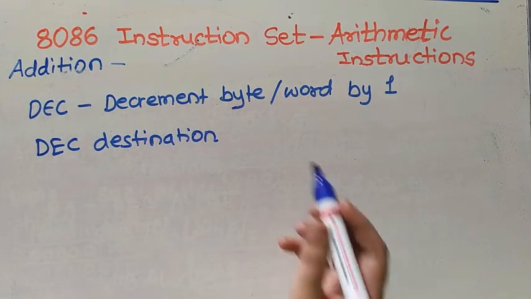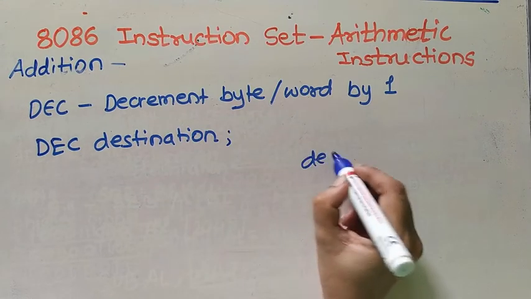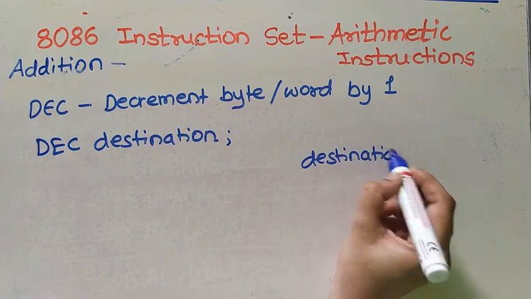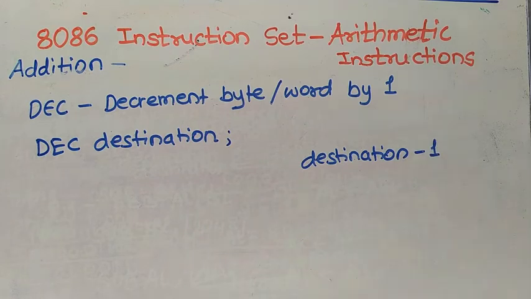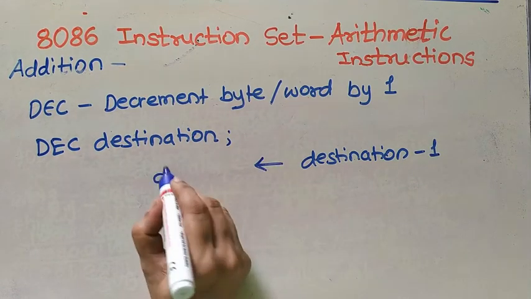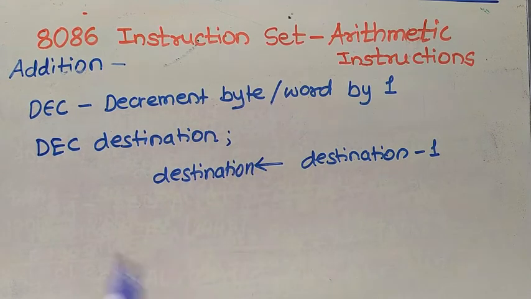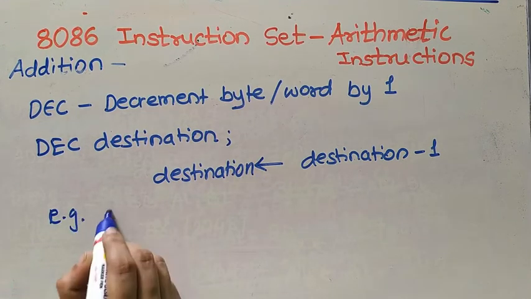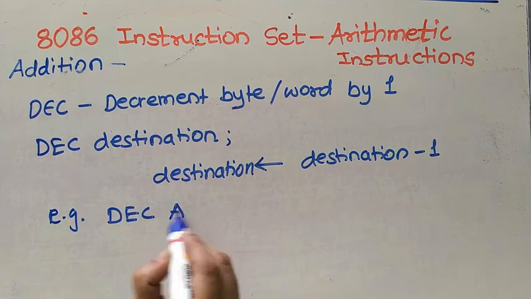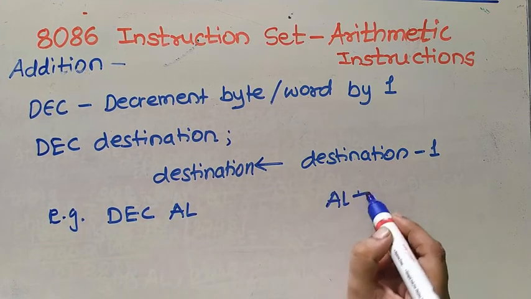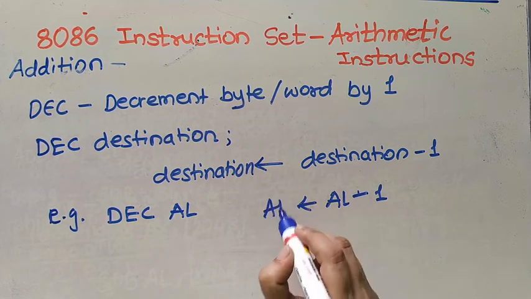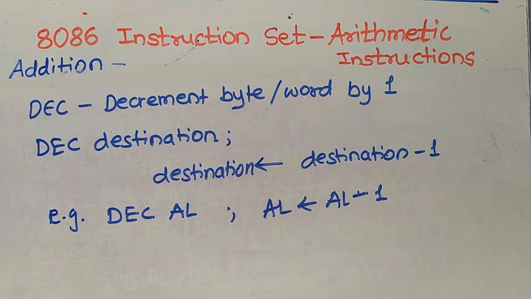Here the destination contents are decremented by 1 and the result is stored back into the destination. Example, DEC AL. So AL is decremented by 1 and the result is stored back into the AL register. Here the carry flag will not get affected in this DEC instruction.